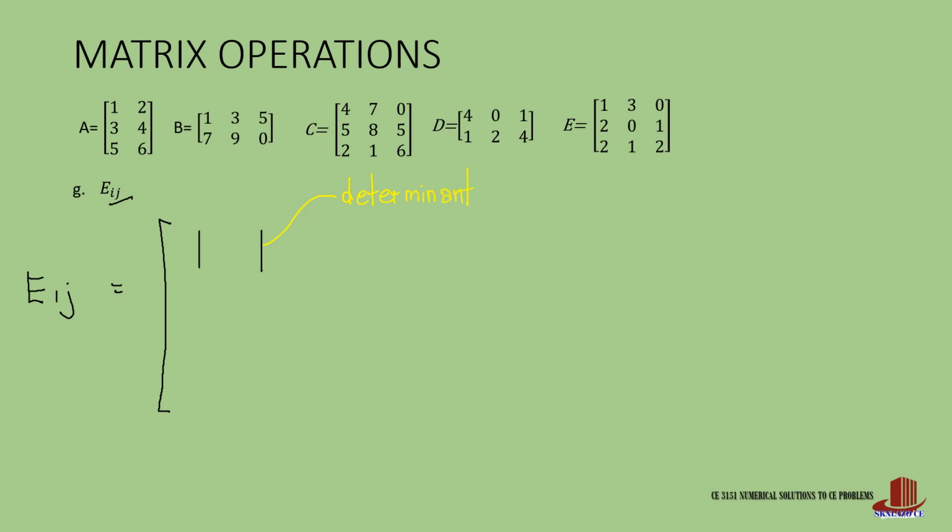In case we are taking the cofactor of element 1, 1, we would have the values of the remaining elements not eliminated. So that would be 0, 1, 1, and 2. This whole set of numbers are what you call your minors.